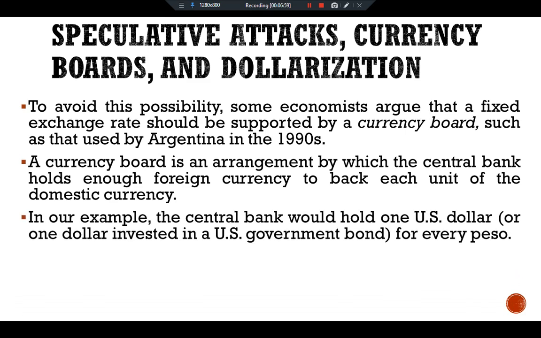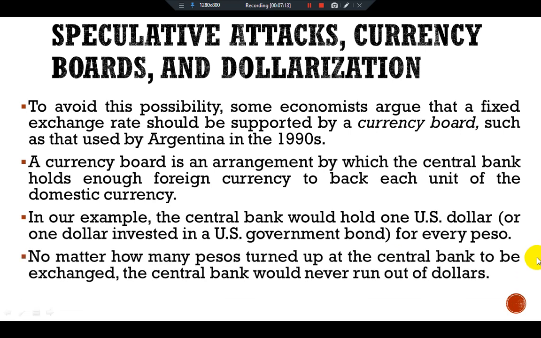In our example, the central bank would hold $1, or $1 invested in a US government bond, for every peso. So no matter how many pesos turn up at the central bank to be exchanged, the central bank would never run out of dollars.